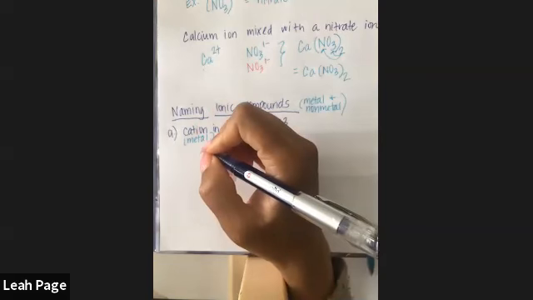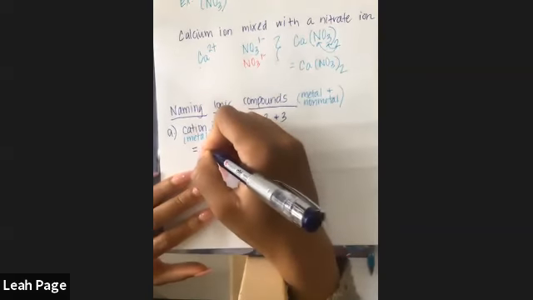So if I have a metal from group 1, 2, or 3, where's my periodic table? So basically, if I have a metal from this group, the first group, the second group, or if I have aluminum, okay? If I have any of those elements, any of those metals, the way I name the ionic compound is I simply name the metal.